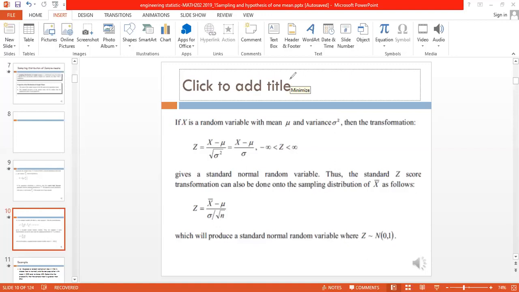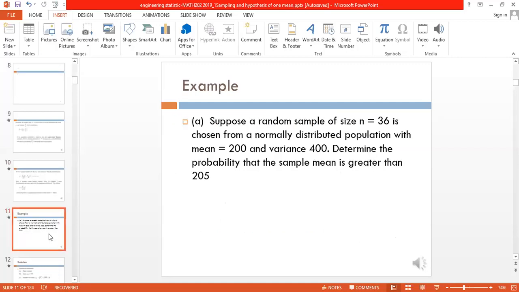Then let's continue. We want to take some examples to demonstrate these theories. So we have an example here. It says that suppose a random sample of size n equals 36 is chosen from a normally distributed population.